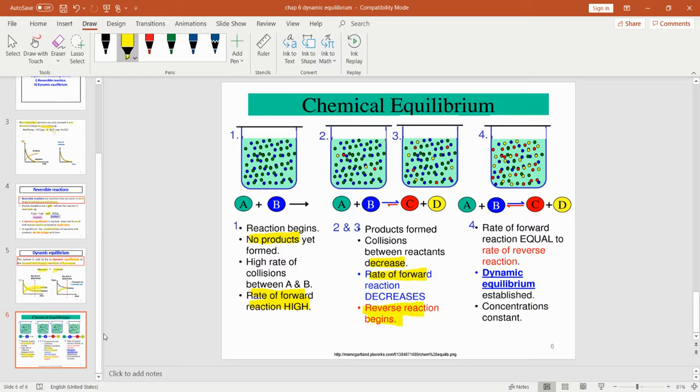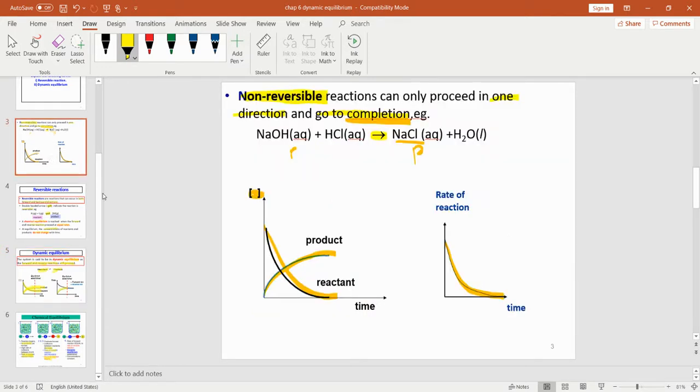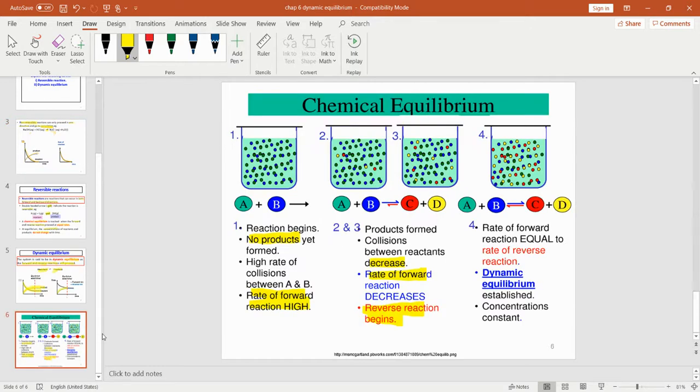The reverse reaction begins. You can see here, it starts to decrease, it does not go all the way up, unlike a non-reversible reaction, which goes all the way up. Then at one time, the rate of forward reaction will be equal to the rate of reverse reaction.